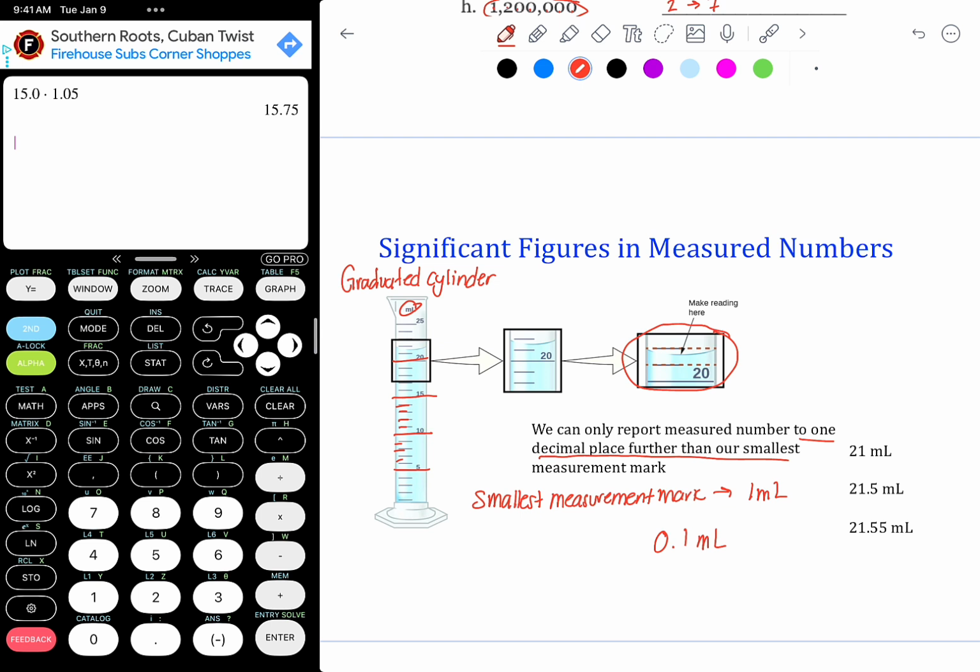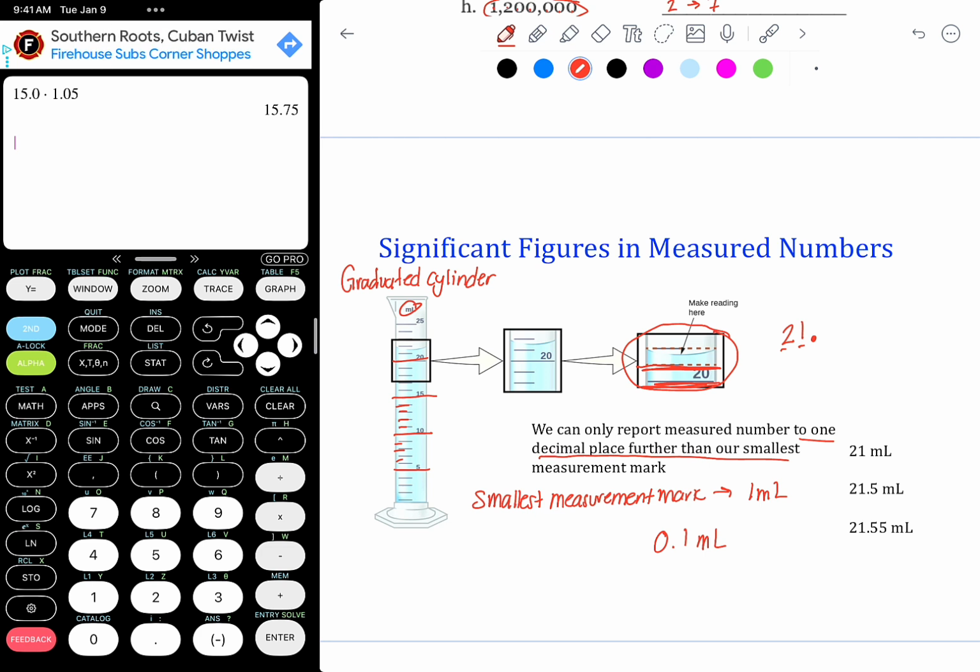So we know that we have surpassed 20 milliliters. We know our liquid line has surpassed 21 milliliters. So we are certain that this is at least 21 milliliters. Now because I've already read the tens and the ones place, I can only guess 1 decimal place further.